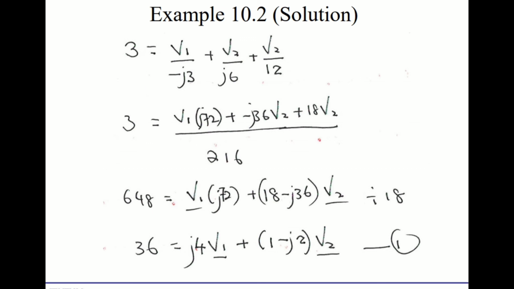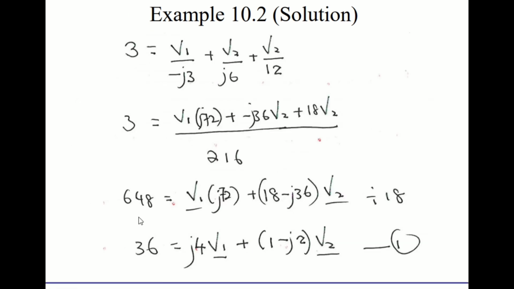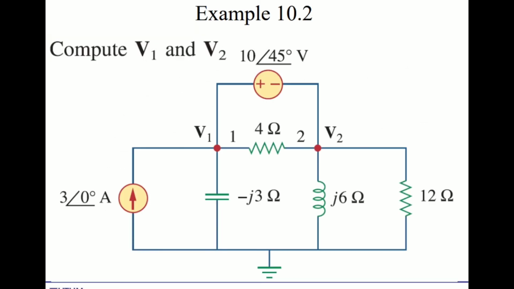You need to remember that we still have two nodes over here, V1 and V2, so we still use V1 and V2. The resistor and inductor are connected to V2, and the capacitor is connected to V1. Then you simplify the equation, do the operation, and finally you get a single equation. The second equation comes from the voltage source itself.